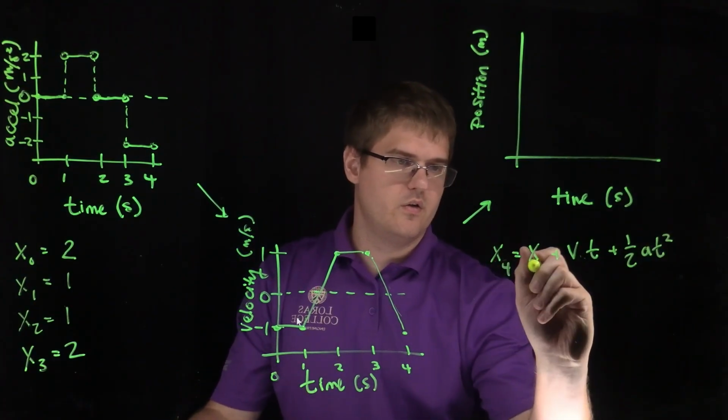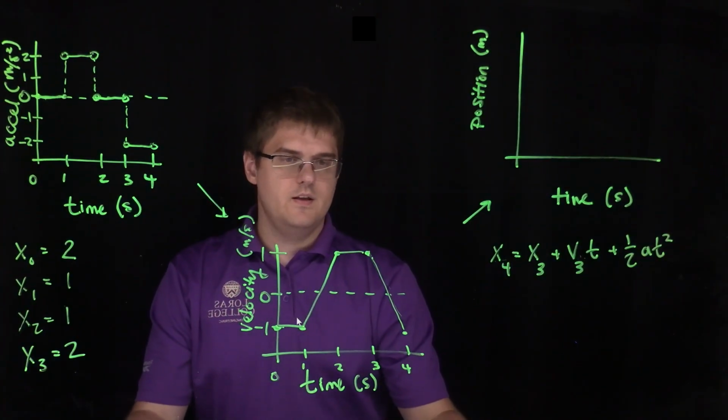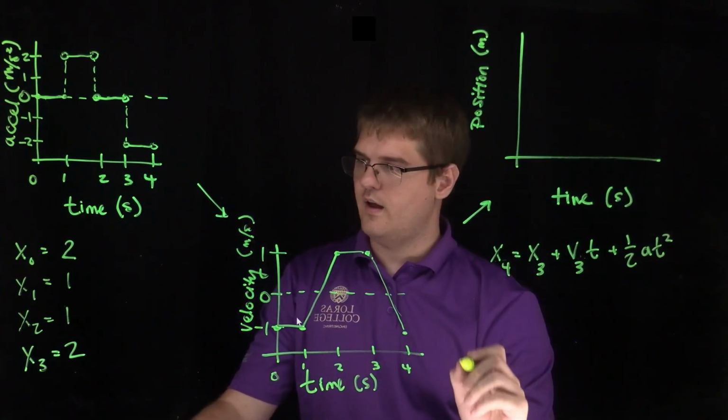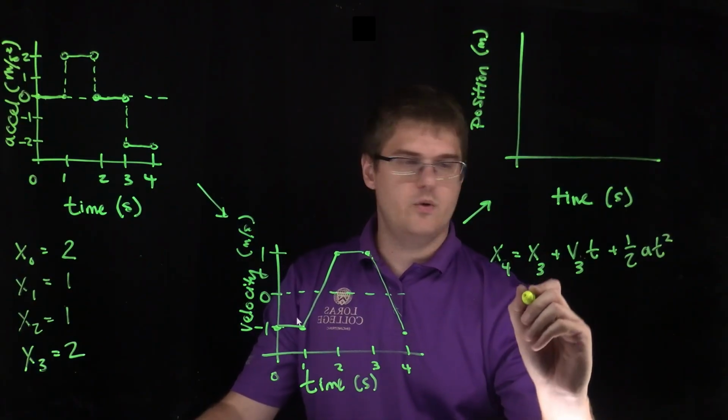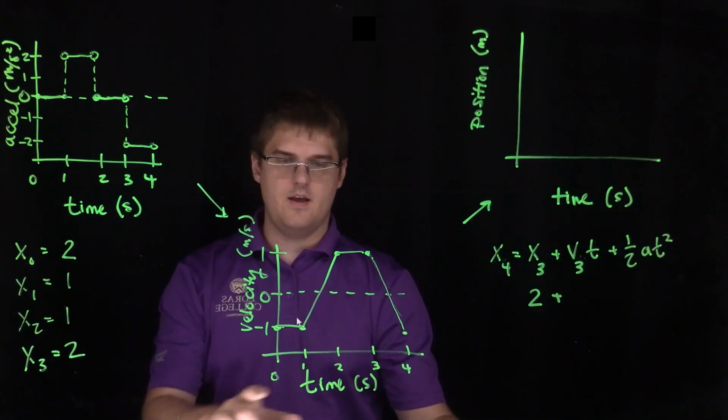x4 is dependent upon 3. Easy enough. x4 is going to be x3, which is going to be 2, plus my velocity at that time.